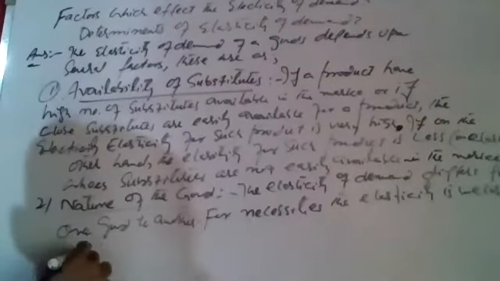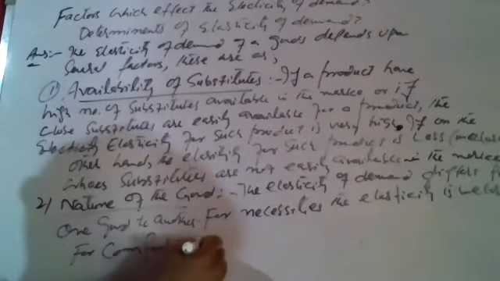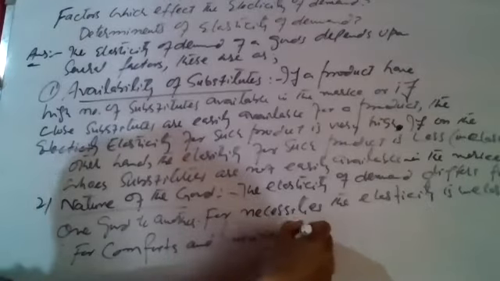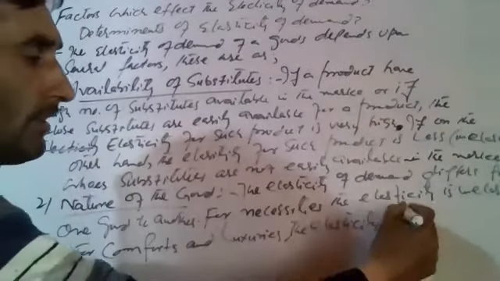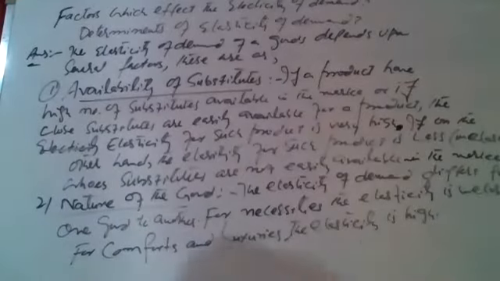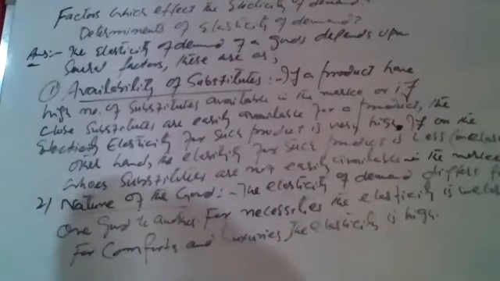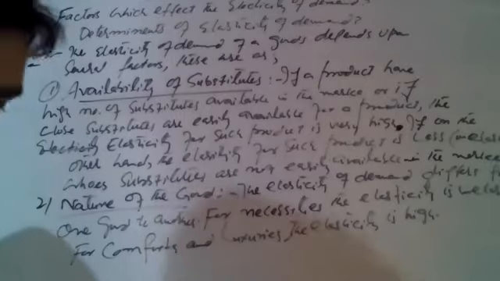For comforts and luxuries, the elasticity is high. So it depends upon the nature of the good. चीज कैसा है, प्रोडक्ट कैसा है, उसका इस्तेमाल कैसा है. तो अगर नेसेसिटी है तो वो लोगों को खरीदना ही खरीदना है. अगर उसके प्राइसेस मार्केट में ज्यादा हो जाएगी तो उसकी डिमांड कम नहीं होती है.